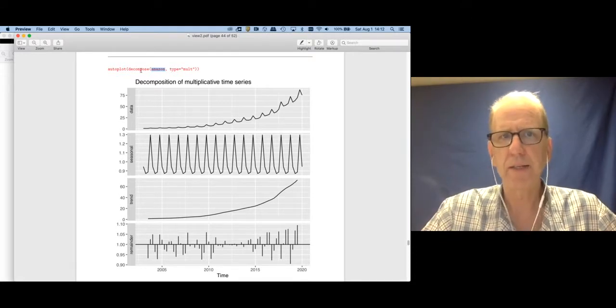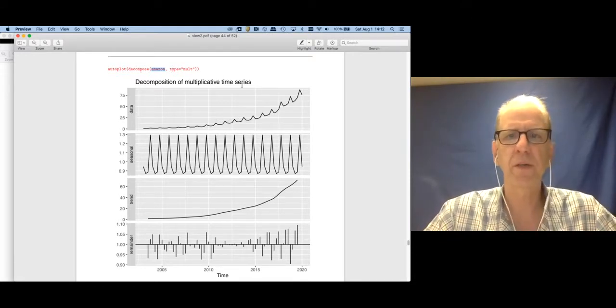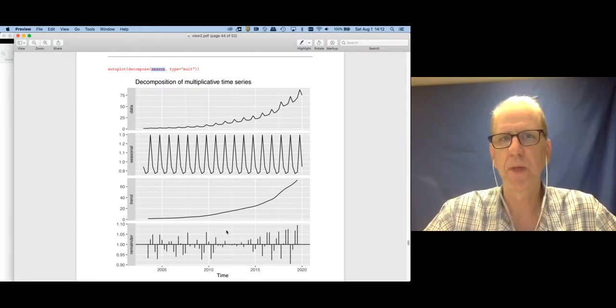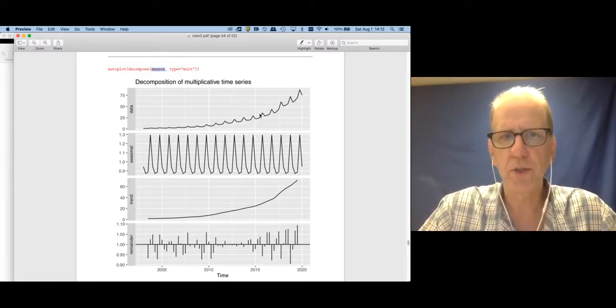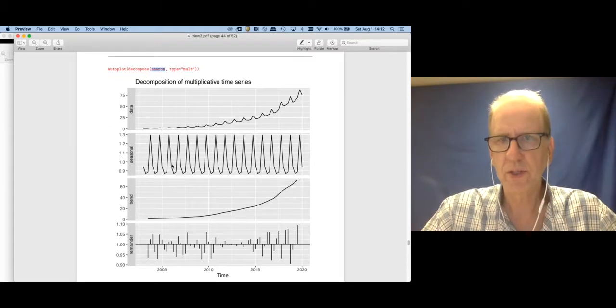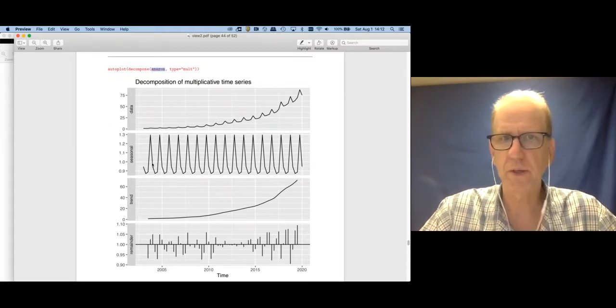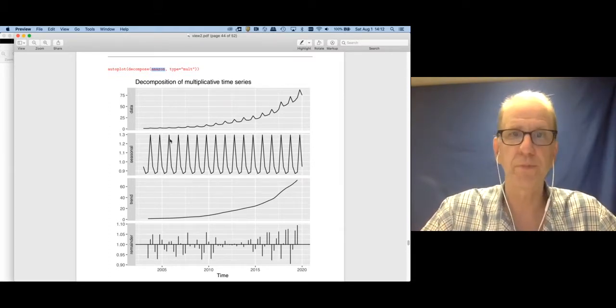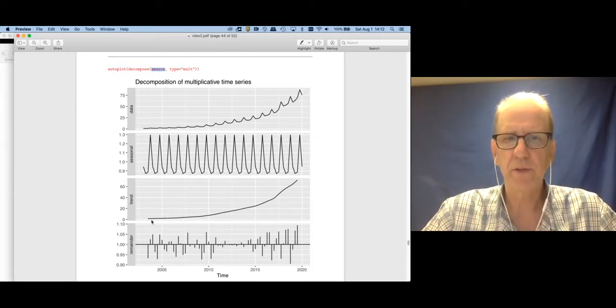When I plot what comes back from this decompose function, I get the following picture. What we see is the original data, then it decomposes the original data into, here's the seasonal effect, and we can clearly see that every fourth quarter we get a spike in sales. This is the cycle trend.